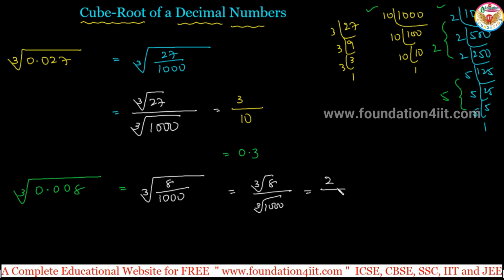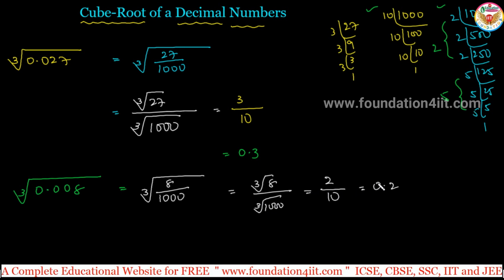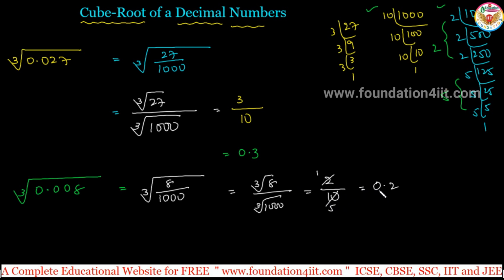Cube root of 8 is 2, and cube root of 1000 is, as we just did, 10. So 2 by 10, so 0.2 it is. For the cube root of a decimal number, you write the answer also as a decimal. Don't cancel this to 1 by 5. If you do 1 by 5 division, again you will get 0.2.